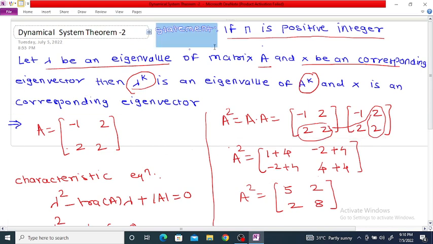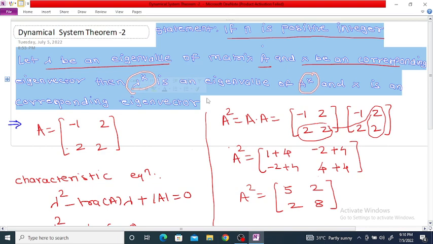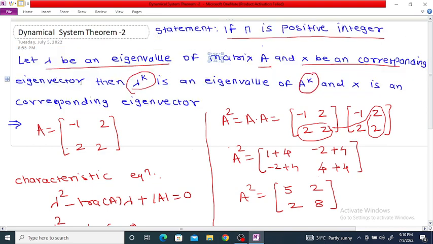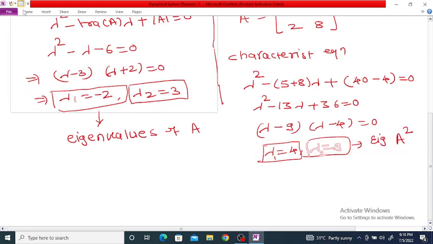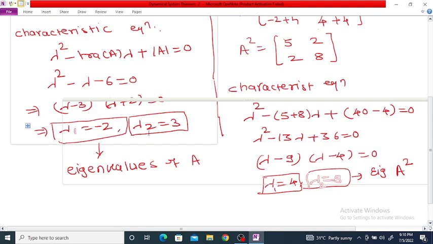Now we are going to prove this statement for every square matrix A. So if k is a positive integer and lambda is an eigenvalue of matrix A, x is the corresponding eigenvector. What is the given part?